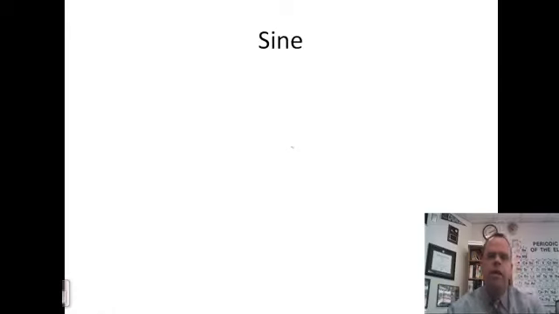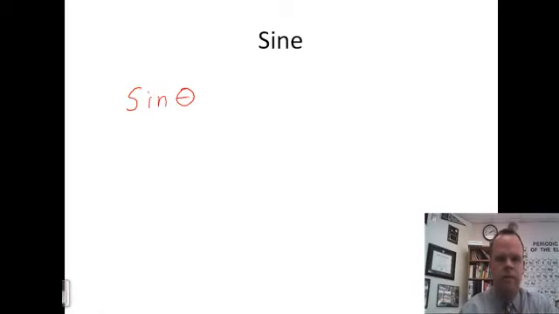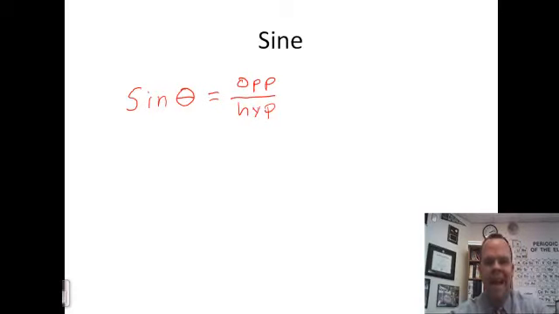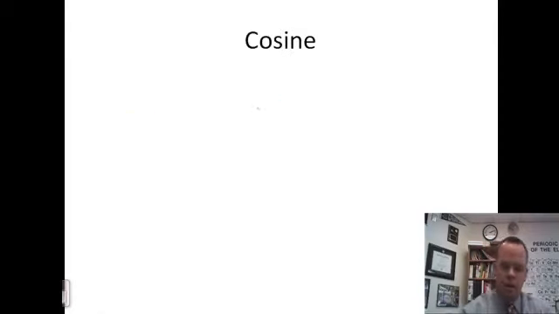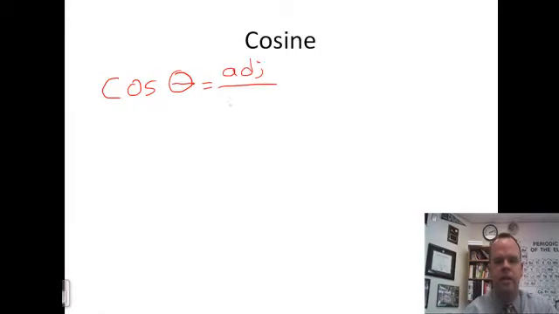There are three functions that we can use based on this. The first one is the sine function. Sine of an angle is equal to the opposite side divided by the length of the hypotenuse. The cosine of an angle, abbreviated cos, is the adjacent side divided by the hypotenuse.